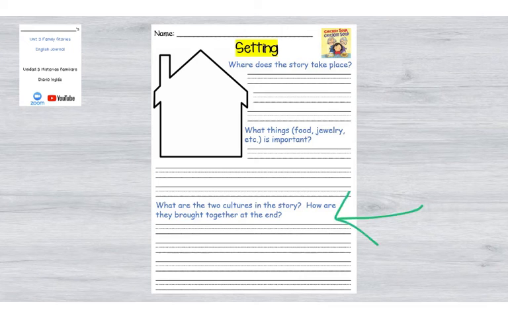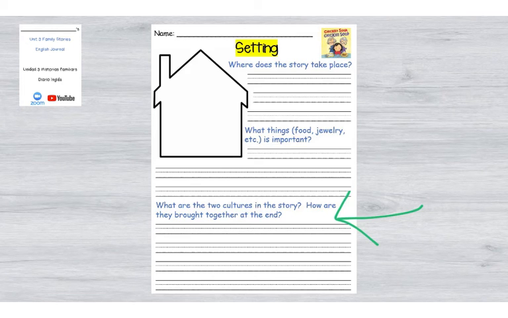And then the third question is, what two cultures are in the story? What I mean by that is that the little girl has two grandmas here and here. One grandma is from one type of culture. An example of culture could be Puerto Rican. So one family is Puerto Rican, another family could be Guatemalan or from Colombia.